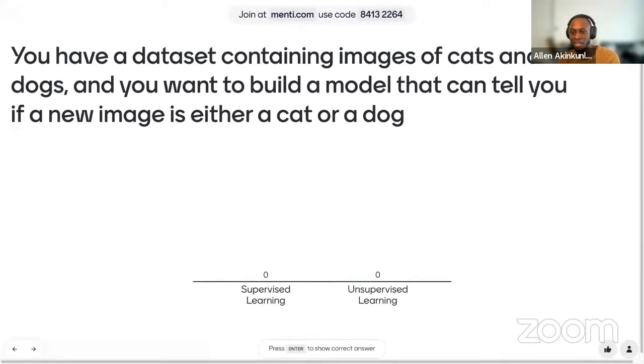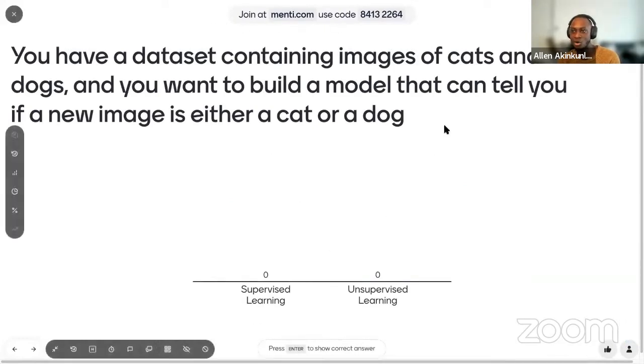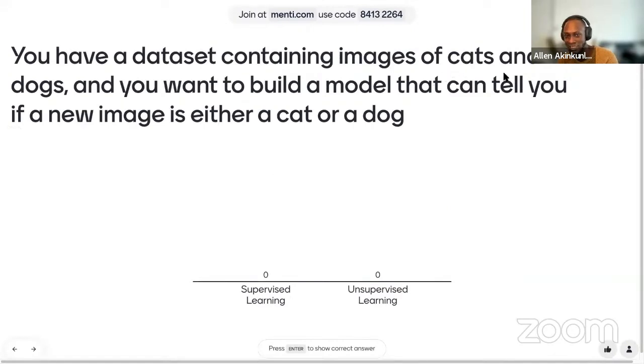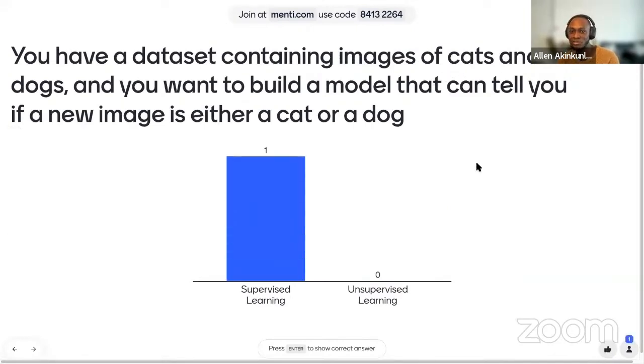So this is the question. You have a data set containing images of cats and dogs, and you want to build a model that can tell you if a new image is either a cat or a dog. We give this 1 minute. So 4 answers for supervised learning. What if people are wrong?